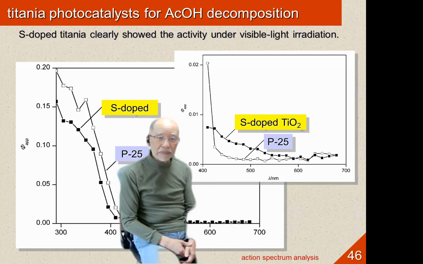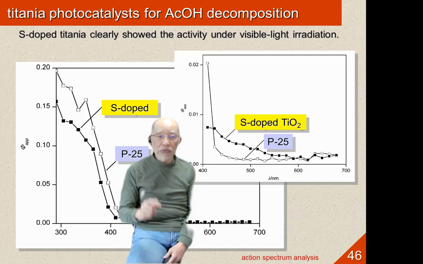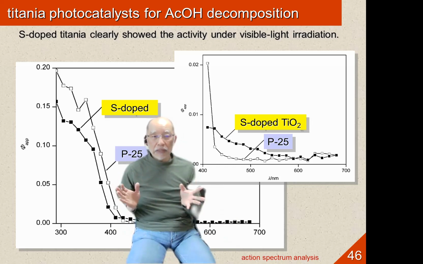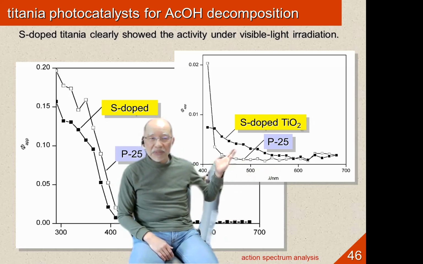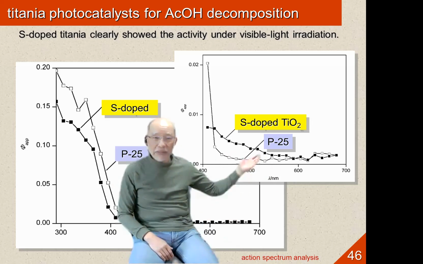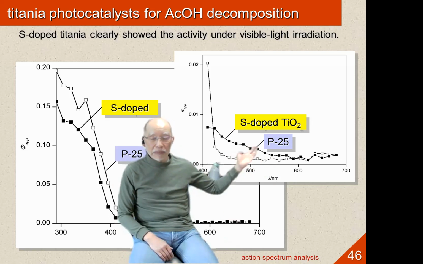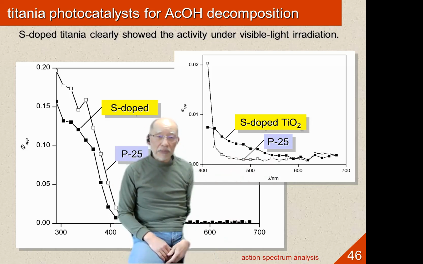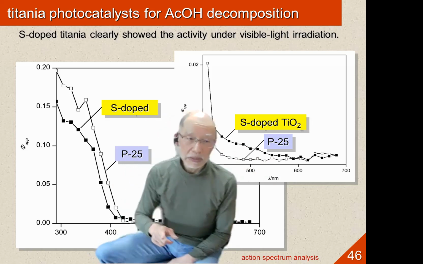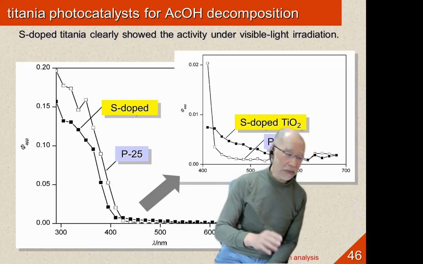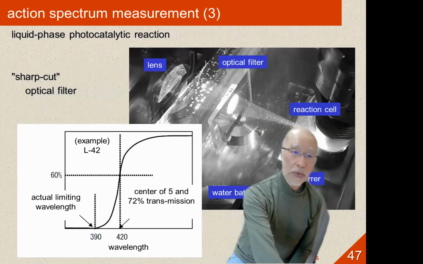So therefore, it is possible to conclude sulfur-doped titanium can absorb this visible light region, even though the quantum efficiency is not so high. This photoabsorption in visible light drives the decomposition of acetic acid, and this is a true photocatalytic reaction. So by checking this action spectrum, it is possible to say that.